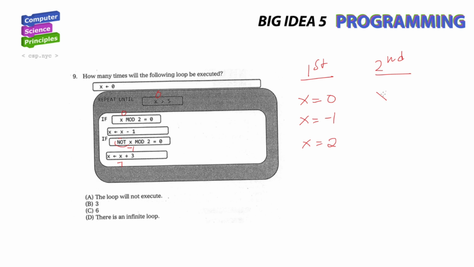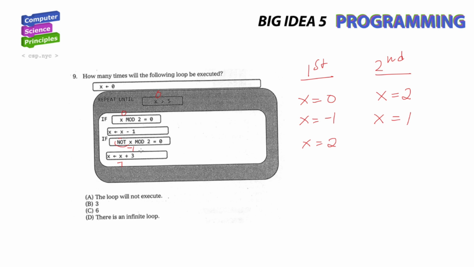So we know that going into this x equals 2, 2 is not greater than 5, so we do continue with this repeat. 2 mod 2 leaves a remainder of 0 because 2 divided by 2 is 1, remainder 0. So therefore we consider this stuff here. So the x is still 2, but then it's given the value of 2 minus 1, which is 1.